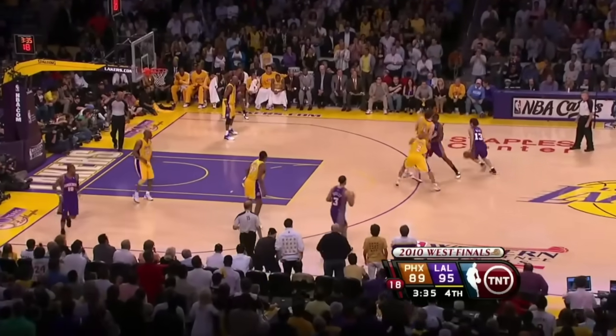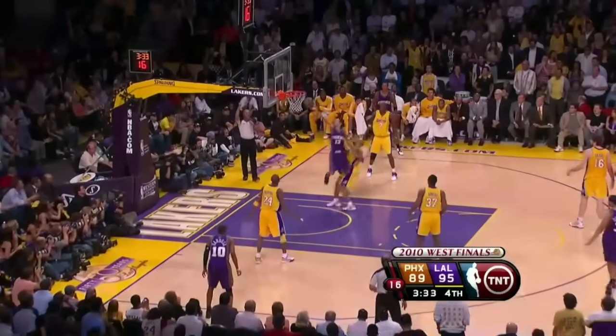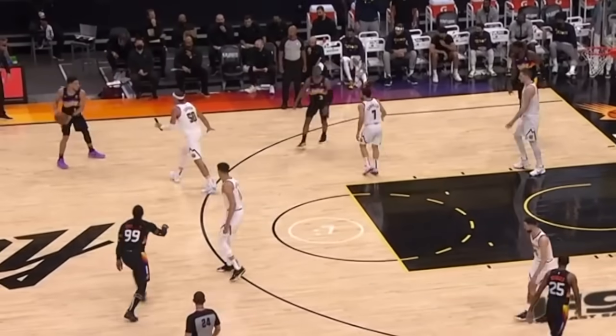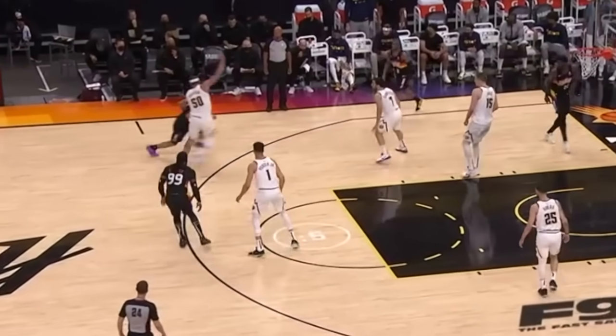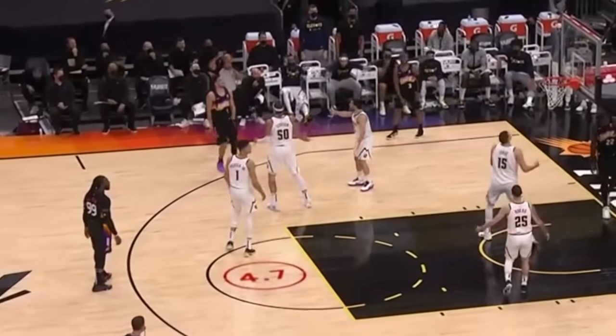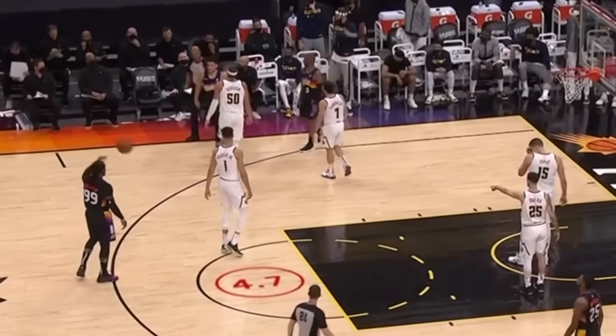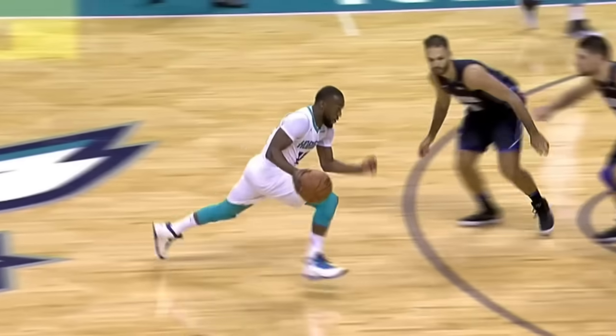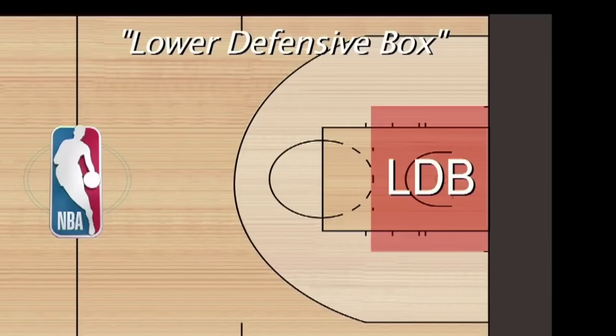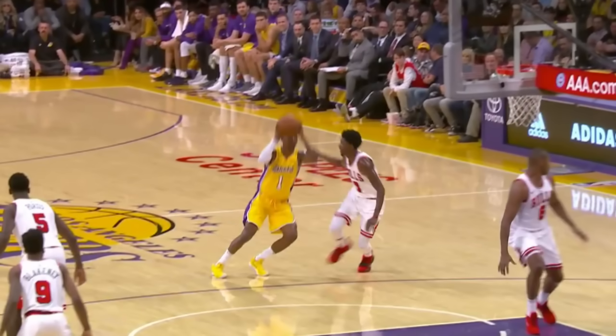Today's players are given an extremely liberal definition of in the act of shooting, where they feel some contact on the perimeter and then flail the shot toward the basket and are rewarded with free throws. Ironically, the league put out a video in 2017 explaining exactly what constitutes in the act, declaring that on drives in this area, the act of shooting starts after the gather, and on outside shots, it starts on the upward shooting motion.